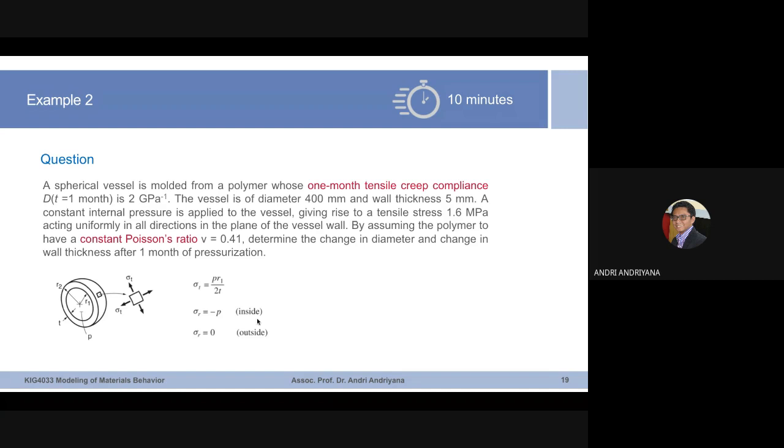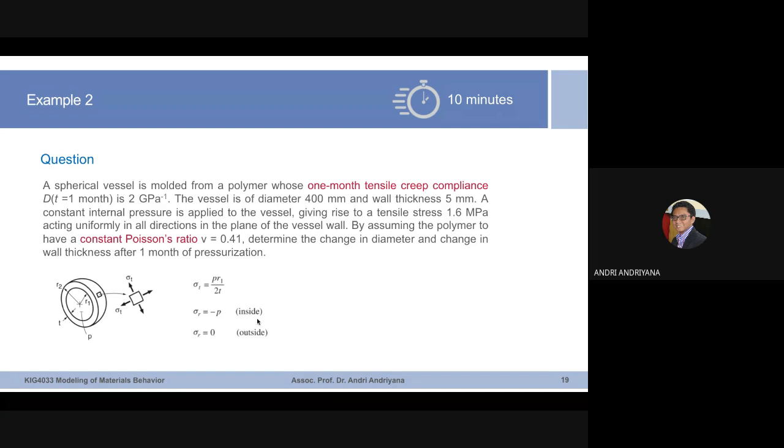And then the equations that you can find from your mechanics of materials, how a vessel, this one is a spherical vessel, is subjected to internal pressure. It will generate sigma tangential, which is PR over 2T, while the radial stress, you can put either minus P or 0, depending on your choice.